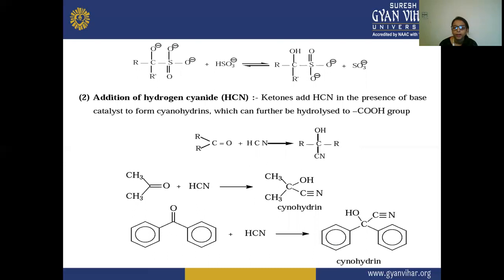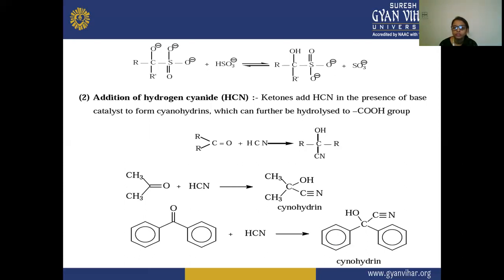So here the ketone is reacting with HCN in the presence of a base catalyst. Here we need a catalyst, and there is a formation of cyanohydrin. The cyanohydrin can be hydrolyzed to your COOH group.